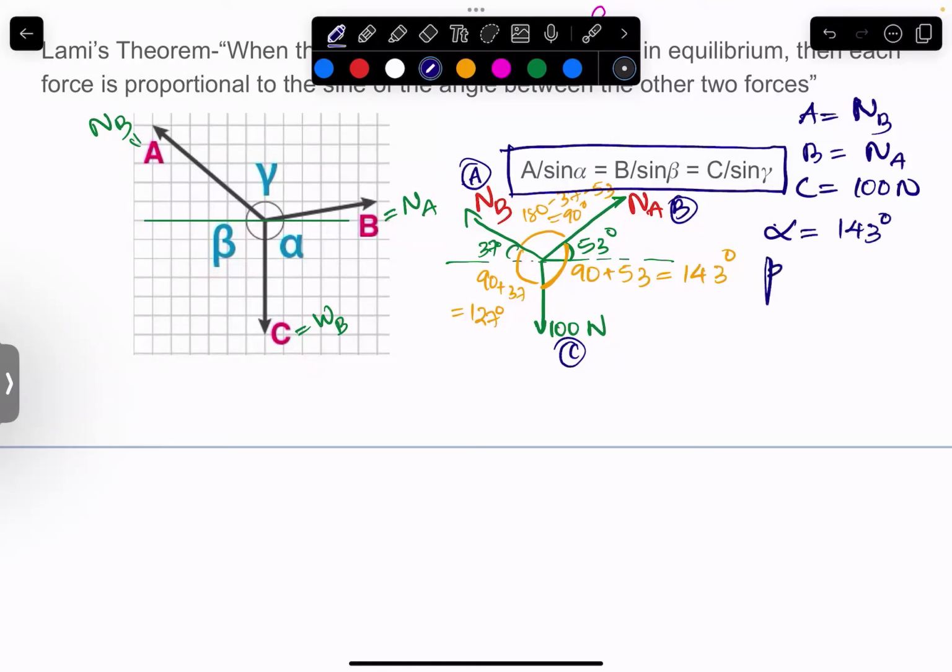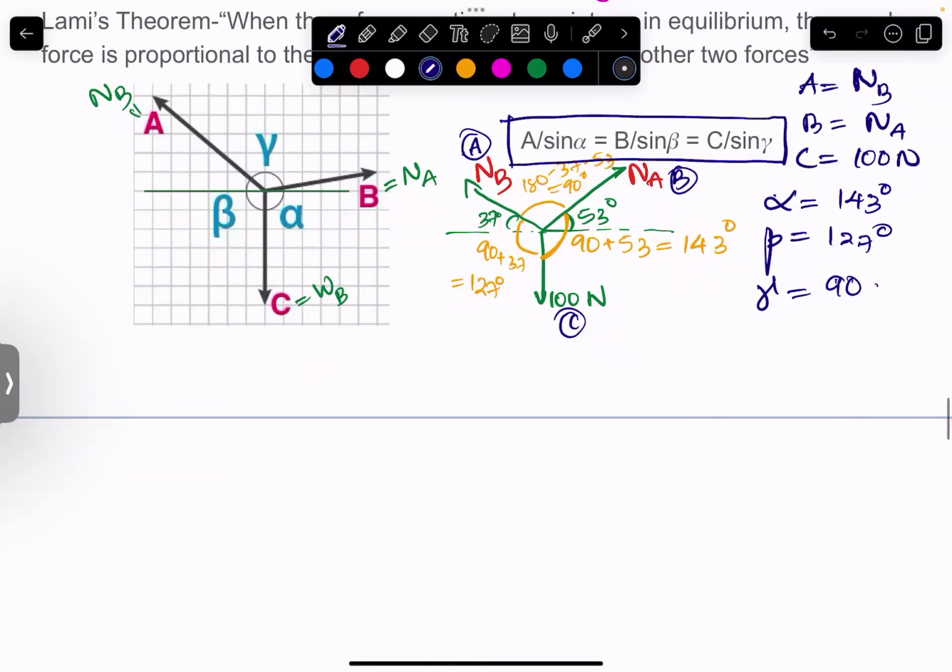What is opposite to B? Beta angle is 127 degree, and gamma angle is 90 degree, right?